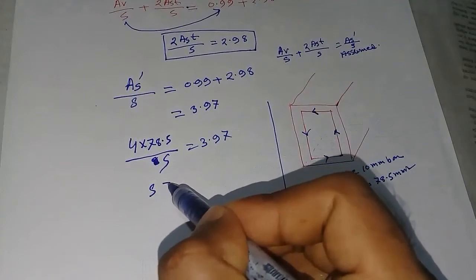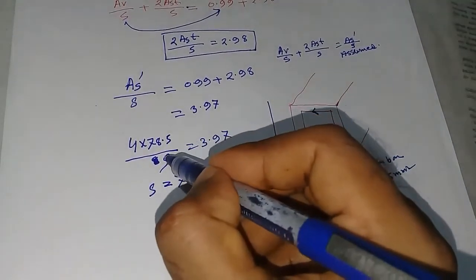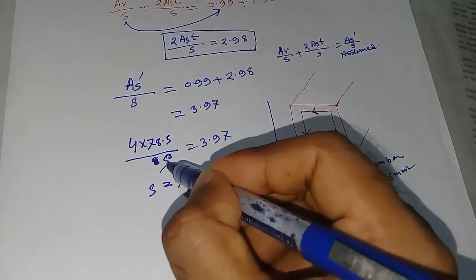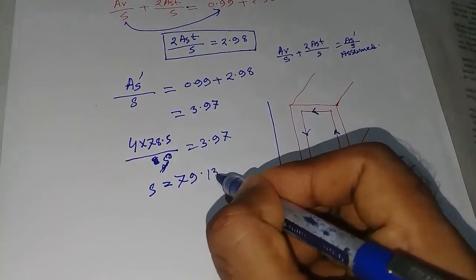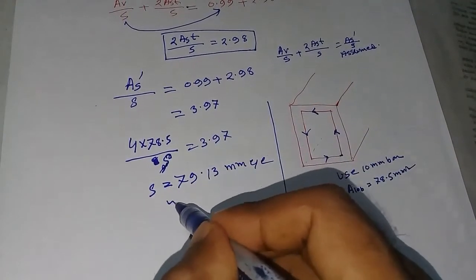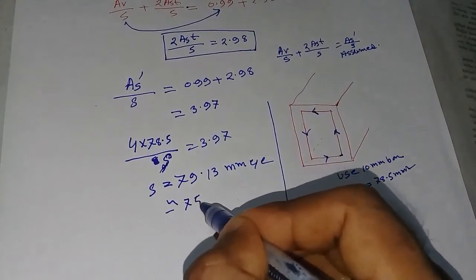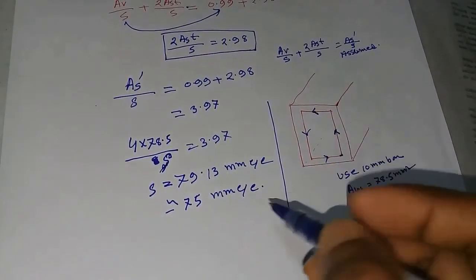So s equals 79.13 millimeter center to center. That comes to 75 millimeter center to center.